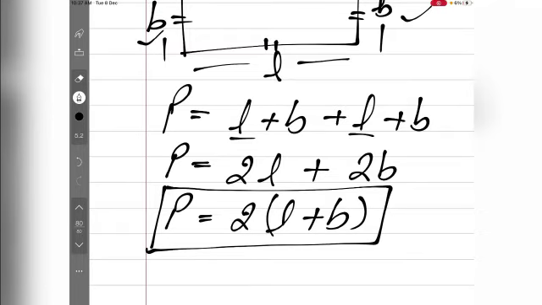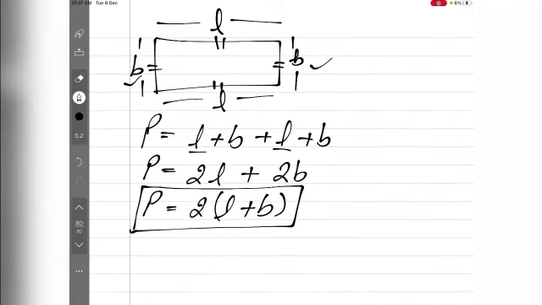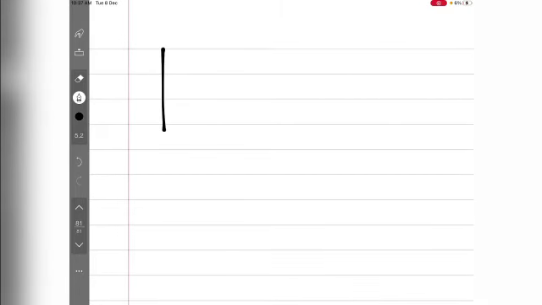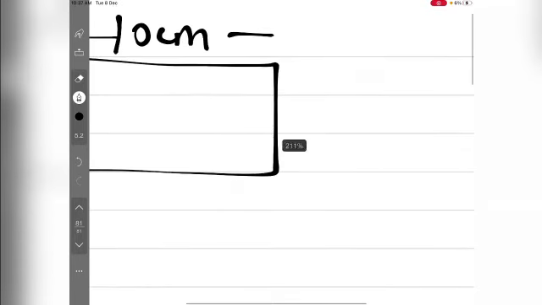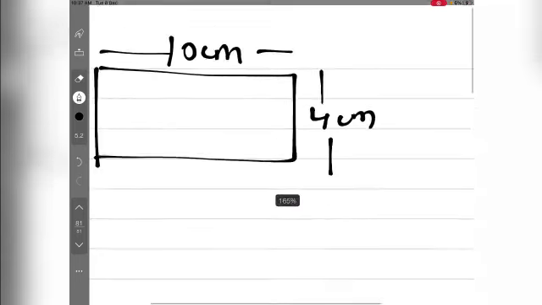Now dear students, the questions in this chapter will be based on these perimeters. Just for example, if we have a rectangle whose length is 10 centimeters and the breadth is 4 centimeters, we have to find the perimeter.